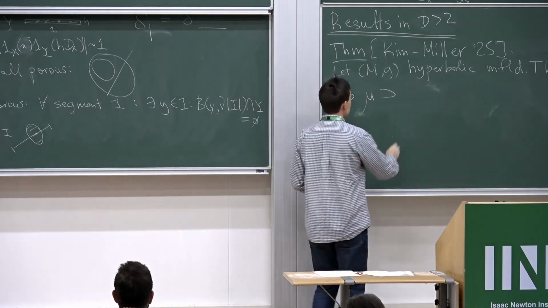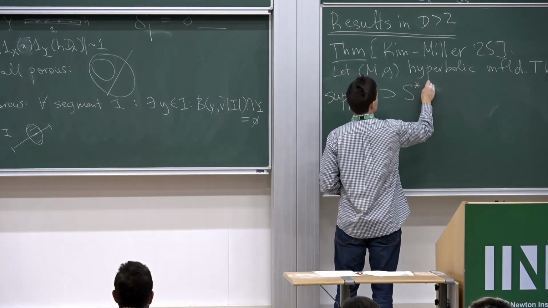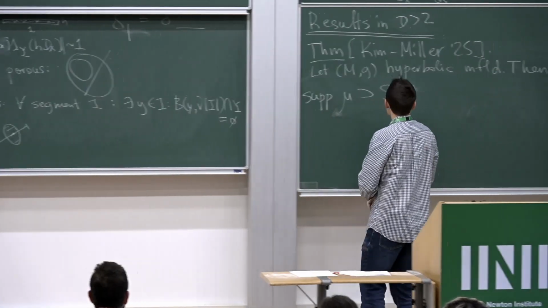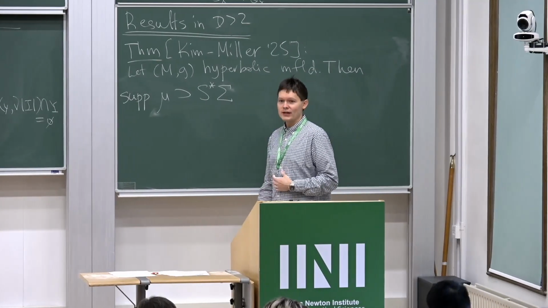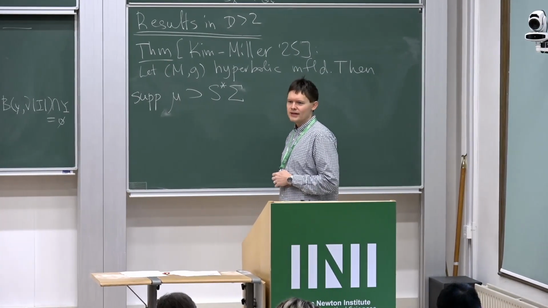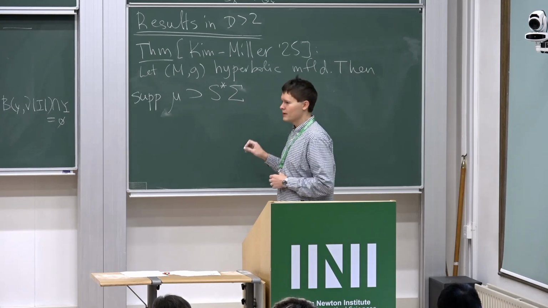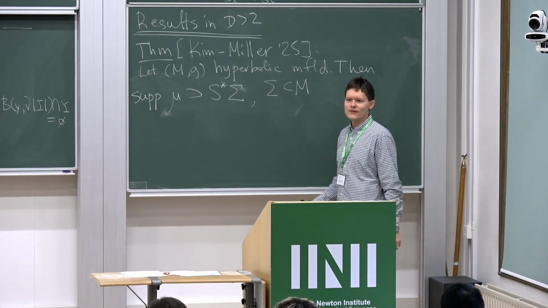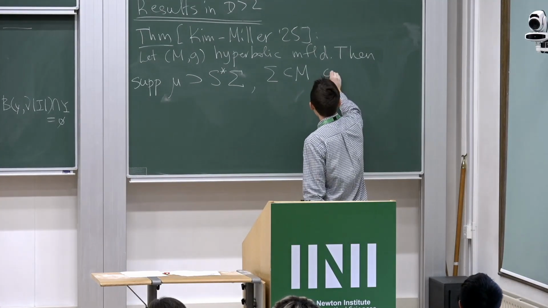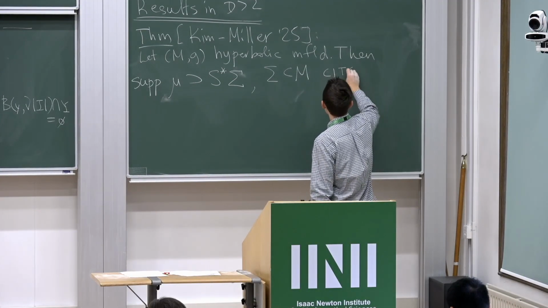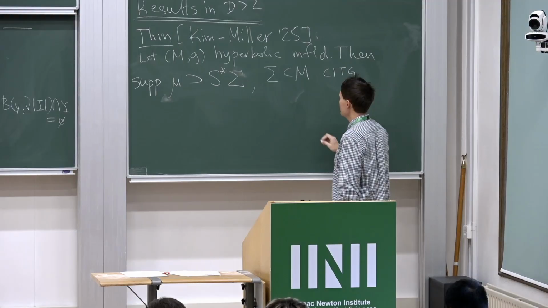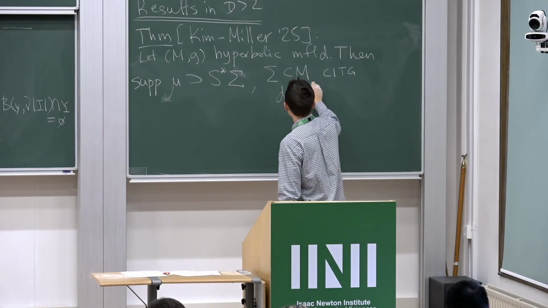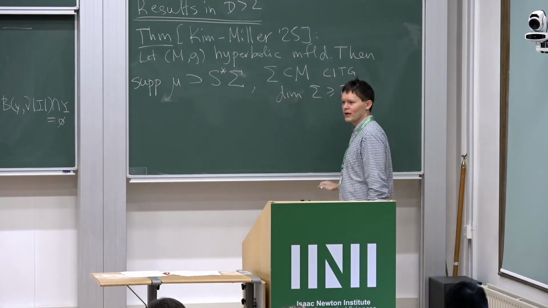But what they can show is they can identify possible obstructions. So you can show that the support will contain something, and that something is a cosphere bundle of sigma, where sigma inside of M is, and now I'll write it as abbreviations, a compact, immersed, totally geodesic submanifold of dimension at least 2. Okay?